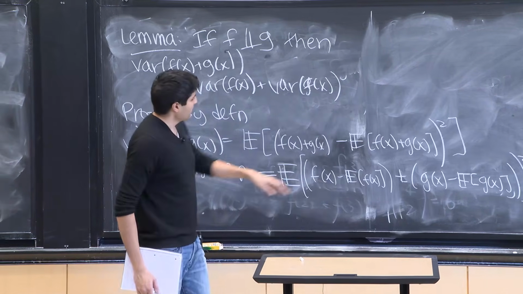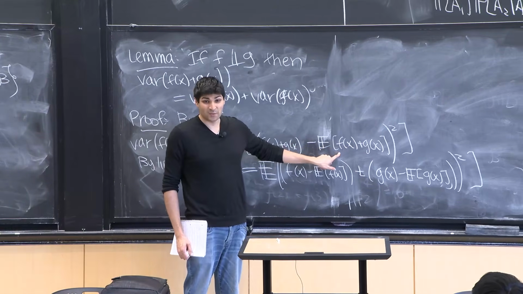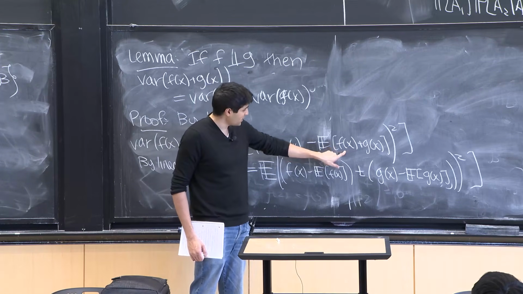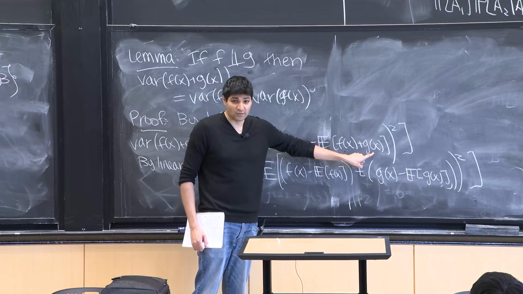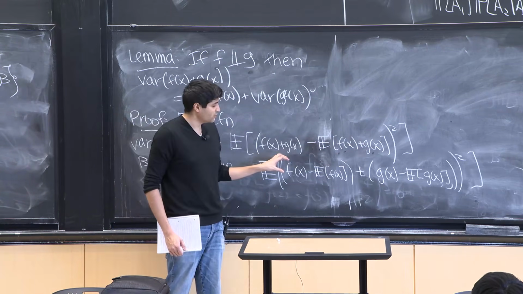So all I'm doing is, remember, the square is happening outside all this mess. I'm pushing the expectation through. So this is the expectation of f of x plus the expectation of g of x. I'm pulling one term with f and one term with g.